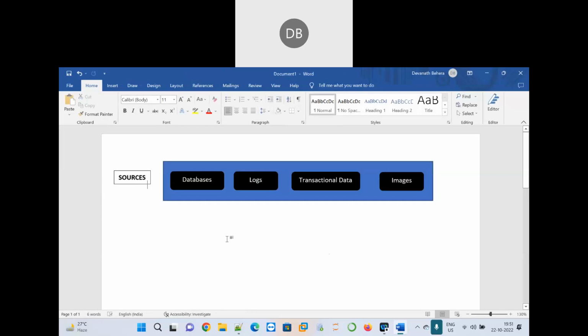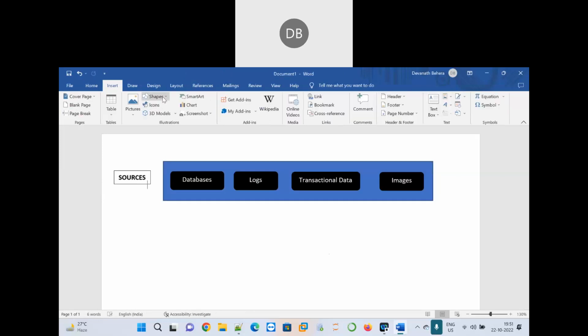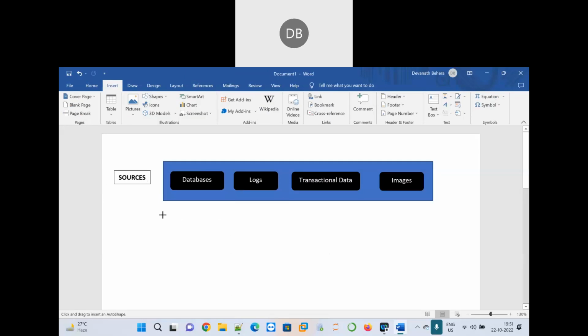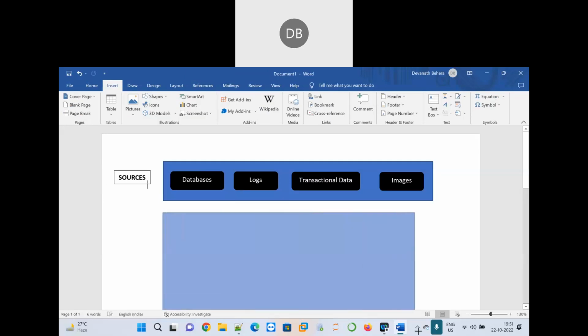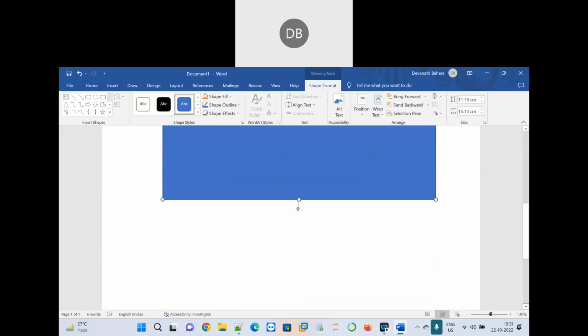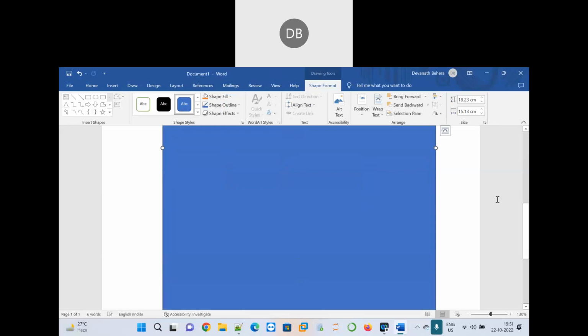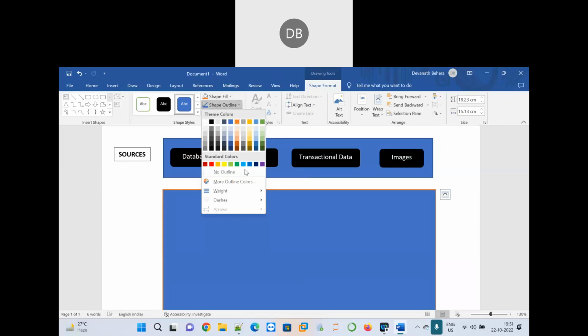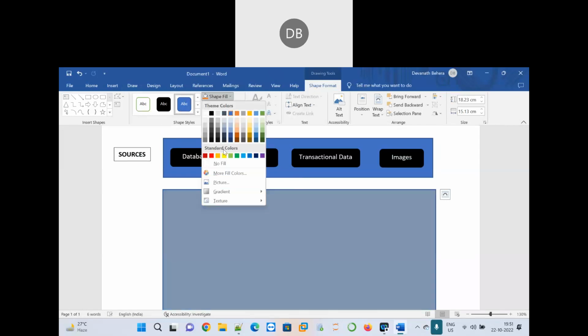Then we are going to draw another one, the Hadoop part.